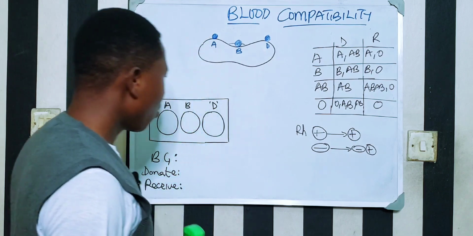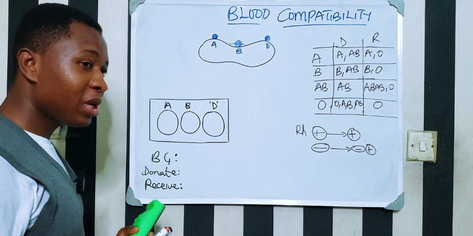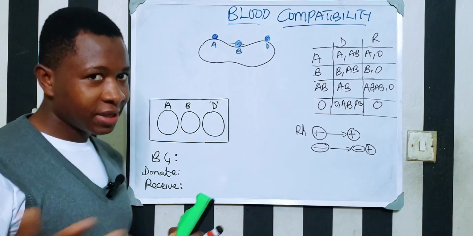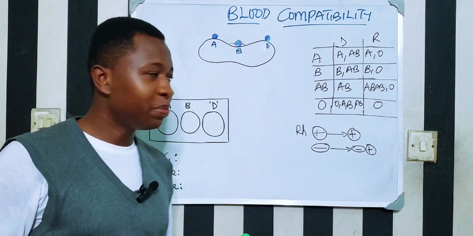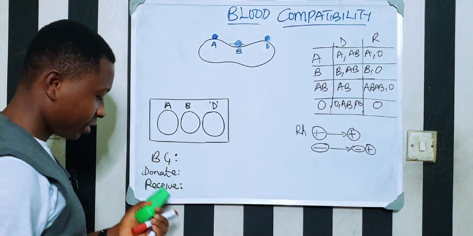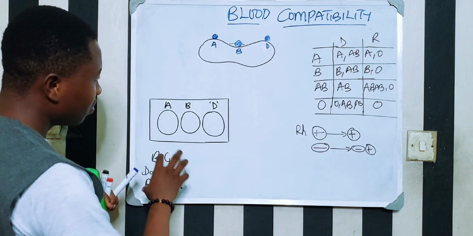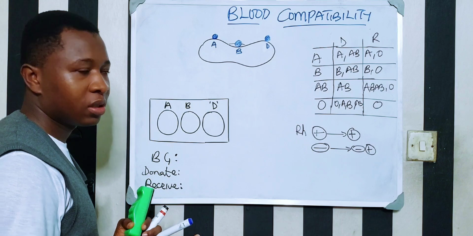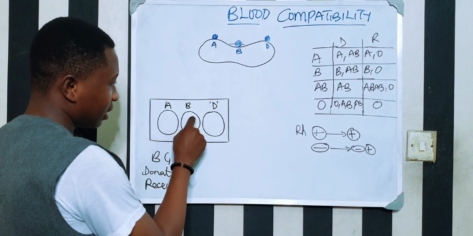Okay. Now, moving over to here, we know that there is always an antibody-antigen reaction, right? Antigen does not react with antigen, it only reacts with antibodies. Now, let's assume this is a dish and we have antibodies present in this dish.